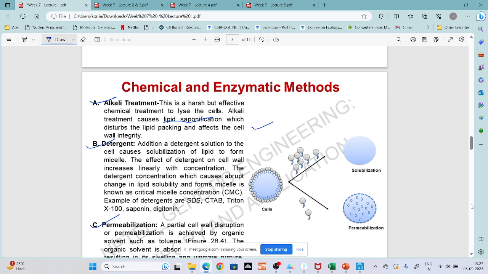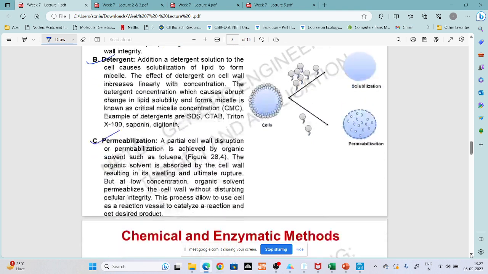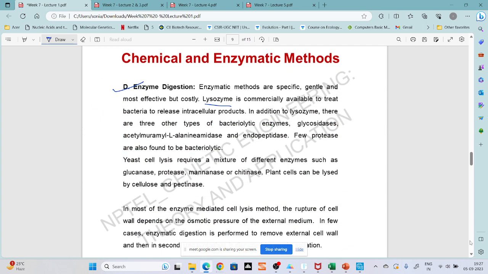Detergents, we all know that it forms micelles. I think this is something that we have been studying since class 11th or 12th in our chemistry. Permeabilization is achieved with the help of an organic solvent, toluene, which was given in one of the options. Okay, and then the next one is the bead mill disruptor.